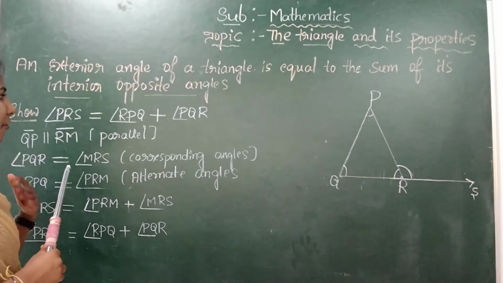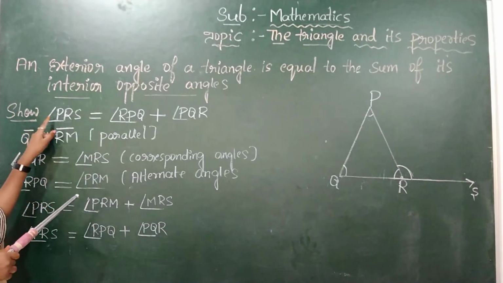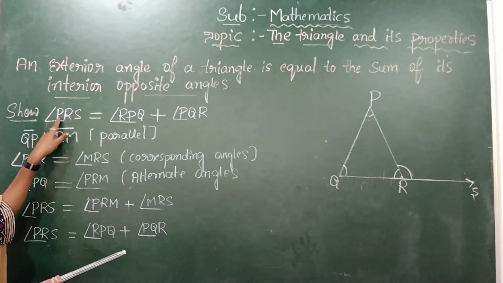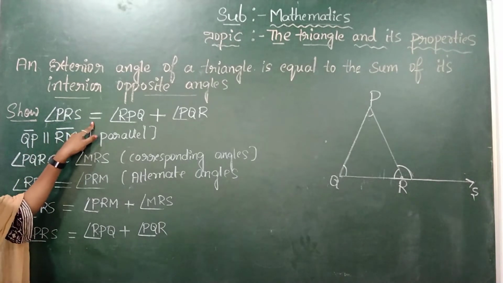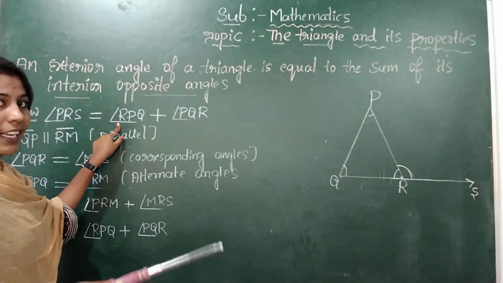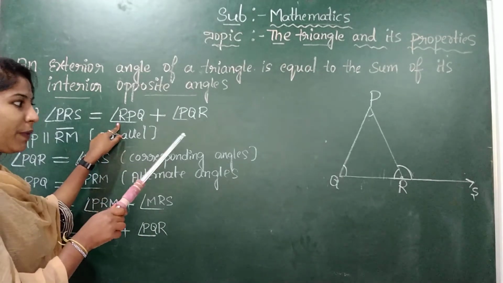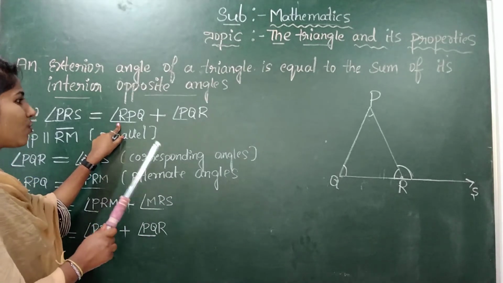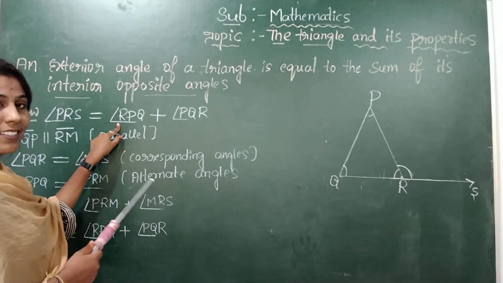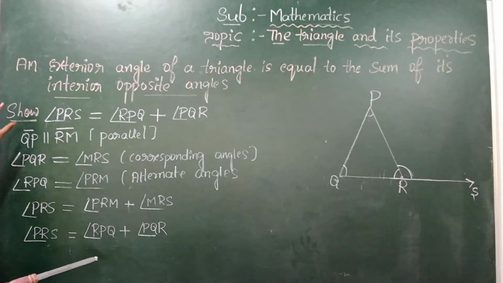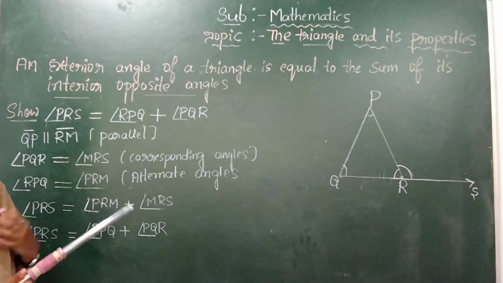And what we are doing here, we have to prove that angle PRS, the exterior angle, is equal to the sum of the interior opposite angles, angle P and angle Q. We have to show this by using some geometrical ideas you have learned in the previous class.